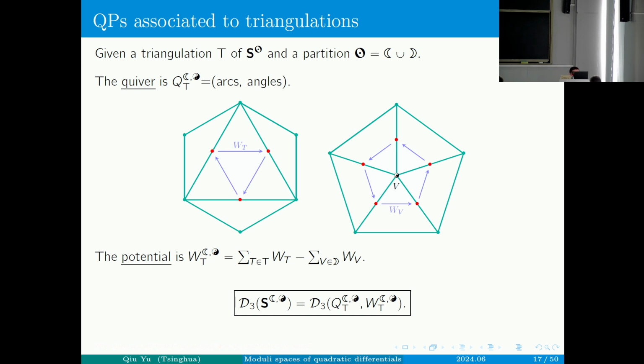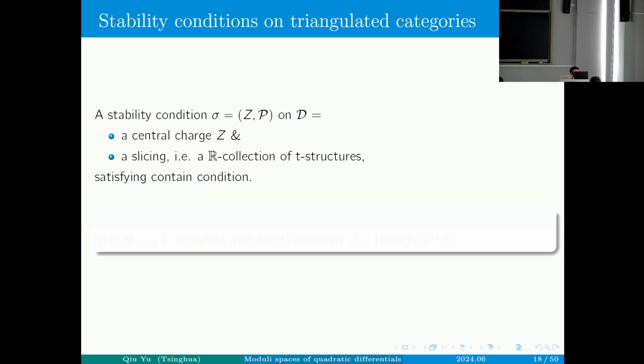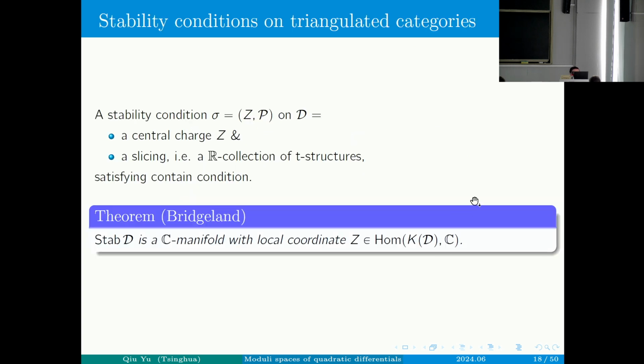Okay, so we have this 3 Calabi-Yau category, and for each triangulated category, we can define a complex manifold introduced by Bridgeland using the data of central charge and t-structures.